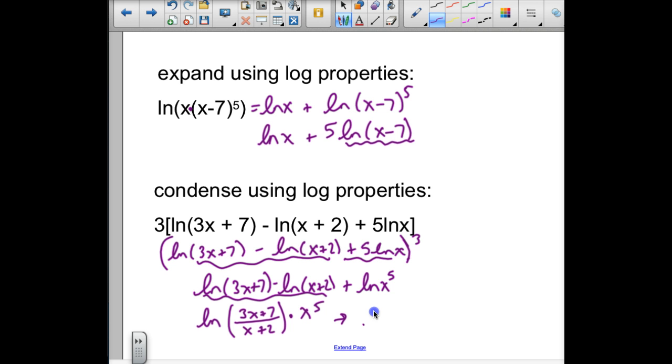Finally, I would probably write it as natural log of x to the 5th times 3x plus 7 all over x plus 2. And you don't need those parentheses in the denominator if you don't want them. So you could just write it like that. And that's condensed. The reason we have to review these properties is we will be using them to help us find derivatives.